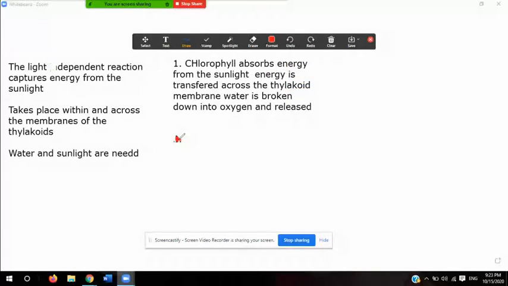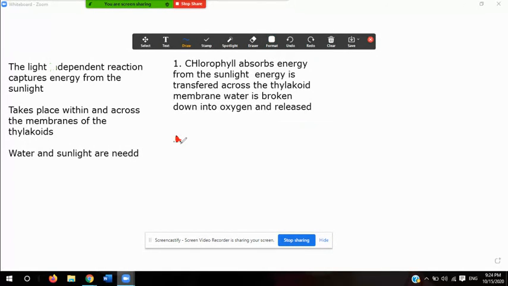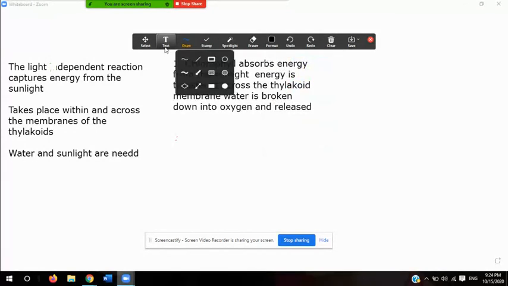Then the energy is transferred across the thylakoid membrane, and water is broken down into oxygen. So that means that it produces oxygen. And of course, you all know that oxygen is very important because we need it to survive, and oxygen is one of the byproducts of photosynthesis. So that's basically the first step of the light dependent phase.